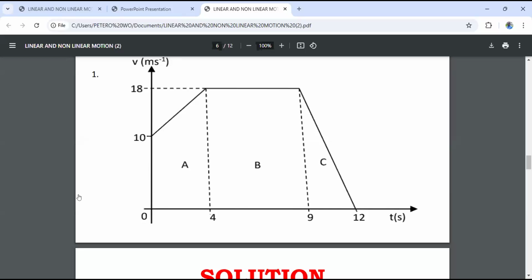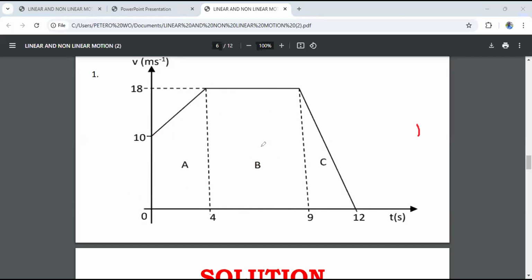Now, when you look at these ones, we have area A, B, and C as the areas that are under the graph. Our graph is that one, and the area that we are having is this area that I'm highlighting.